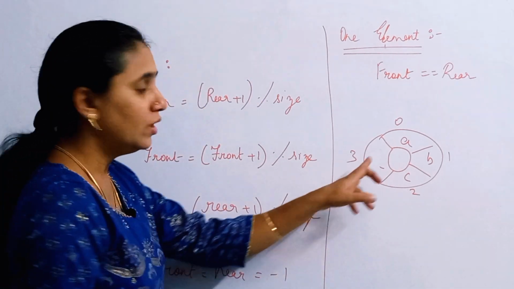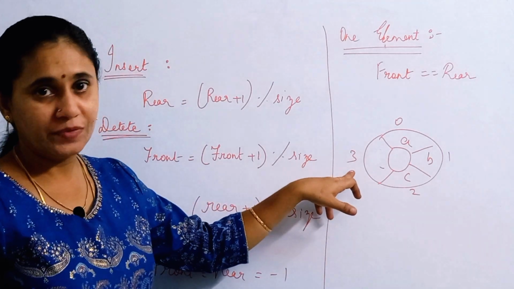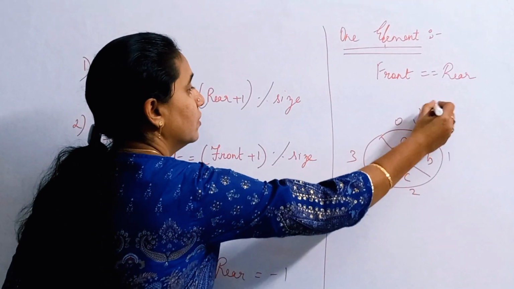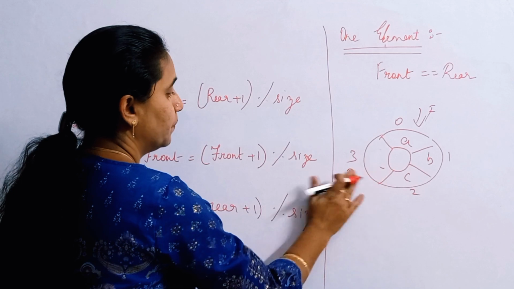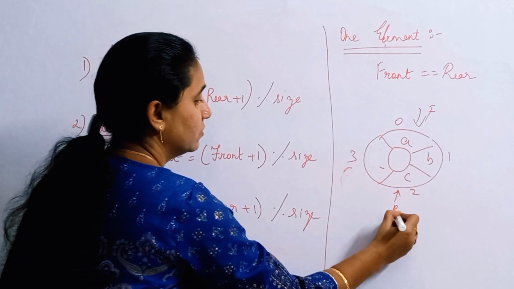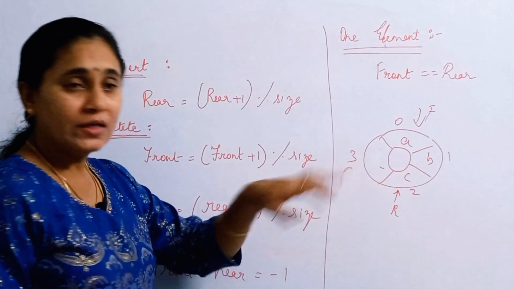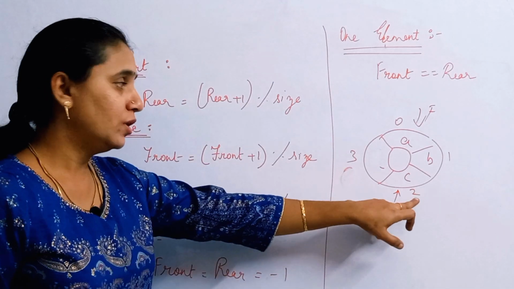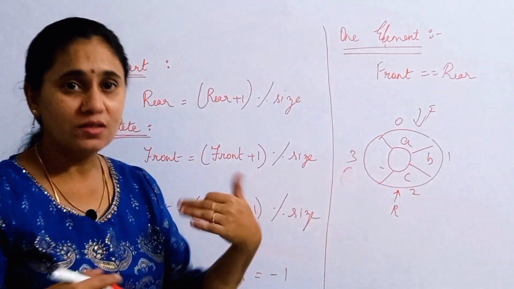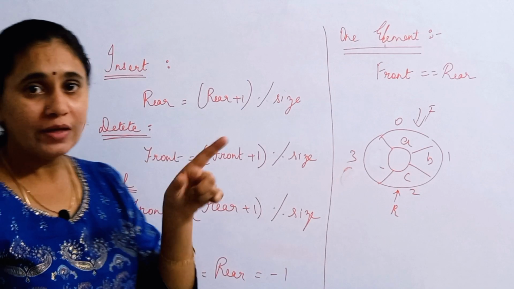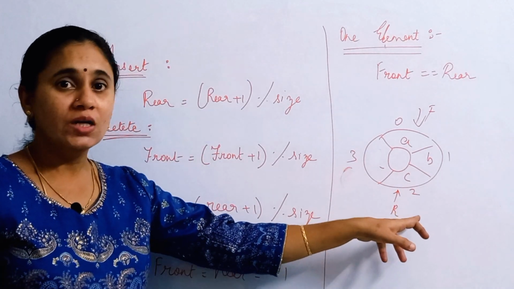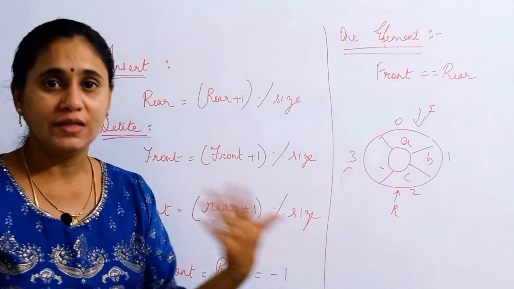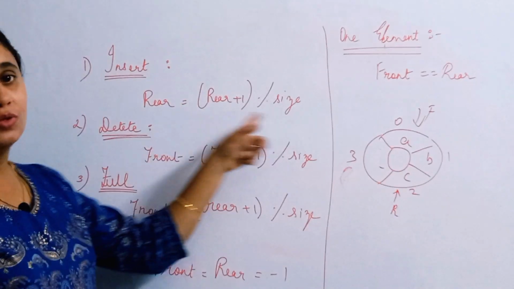Now, I want to insert the element in the third position. This is my front, isn't it? And this is my rear. Now where is the rear pointer? The rear pointer is pointing to the second index. So if they ask in the question, if the rear value is equal to 2, where must I insert the element? In that case, you substitute in this formula.